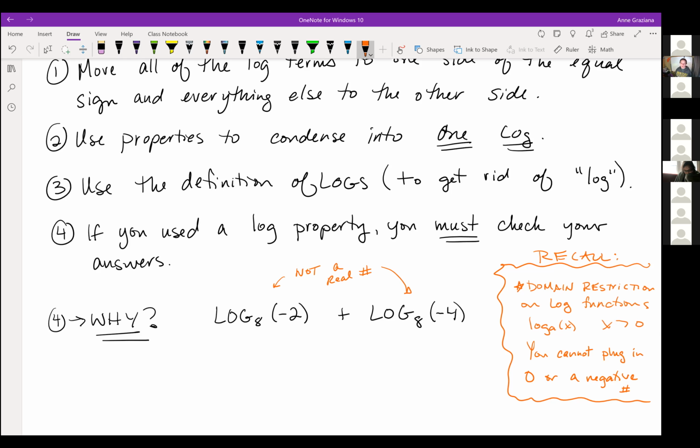But look what happens when we use the property. So I have two numbers that are not real. Literally, if I try to put them on the X and Y axis, you can't. They don't go there. But if we use that nice little product property, this is going to be log base 8 of -2 times -4, which is log base 8 of 8, which says this is really 1, but that is a real number.